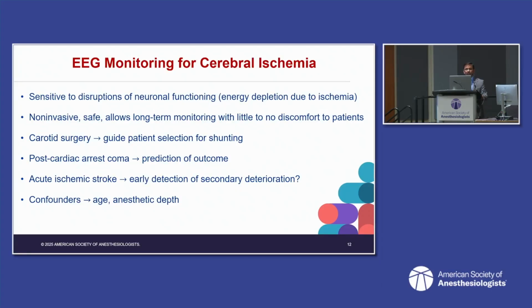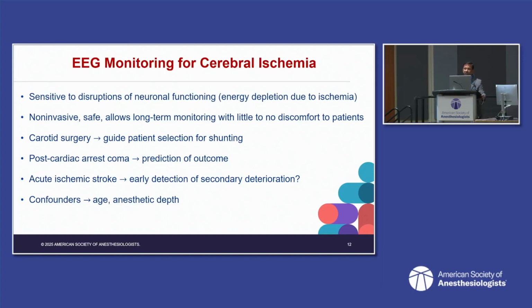The advantage is it's non-invasive, it's relatively safe to perform, and it can be performed for longer periods of time, particularly in postoperative situations in ICUs. Where it has been used with some success is patients with carotid surgery, in some patients with post-cardiac arrest coma, and also there's some early interest, I would say, in acute ischemic stroke.